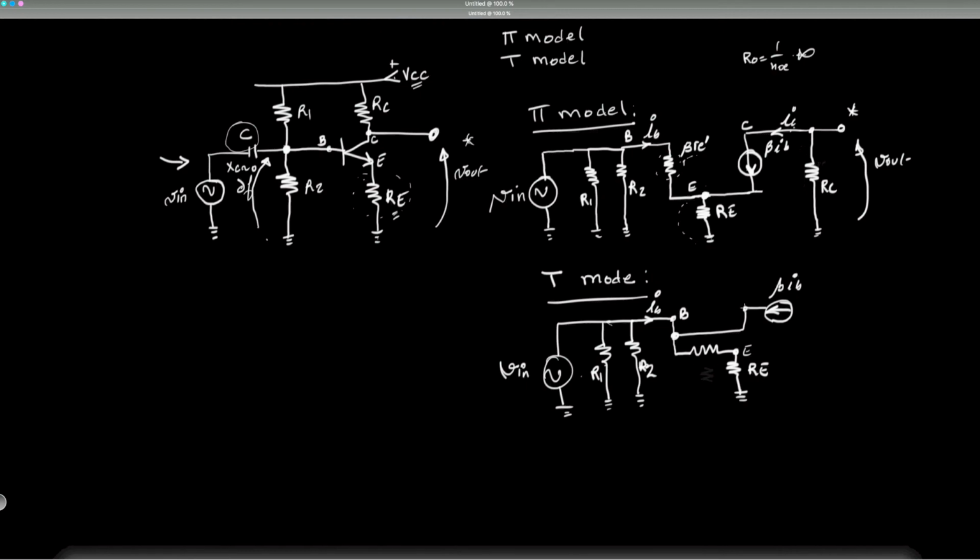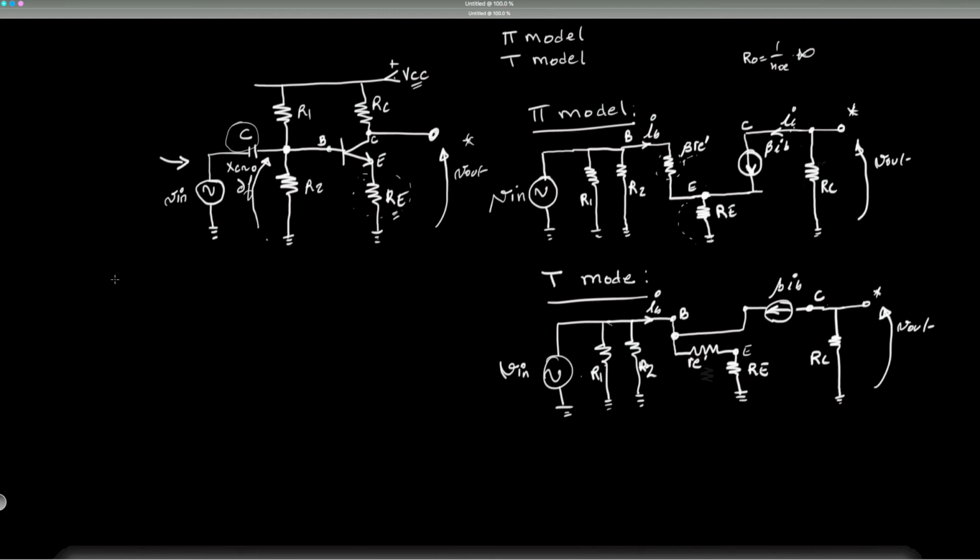This is right here, still the collector at this point. So from here down, we would have RC to ground. And again, Vout sampled right here. Okay, so what value do we put here? We'll put little RE prime.